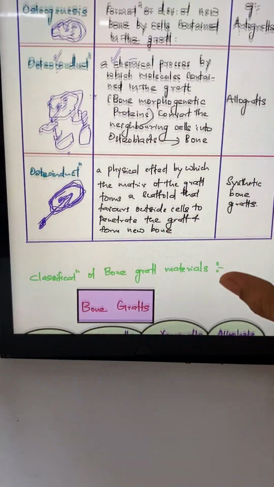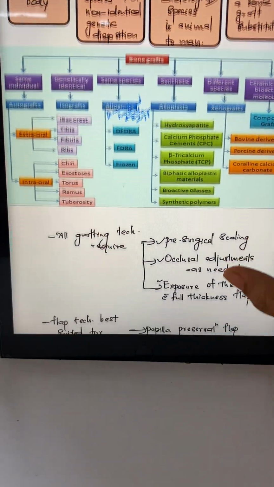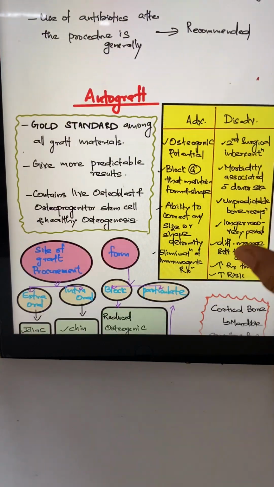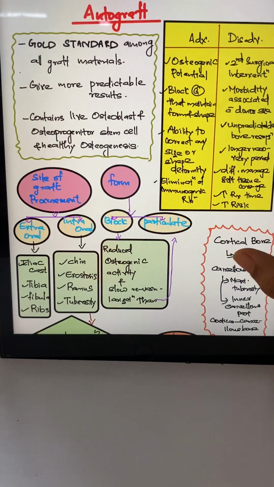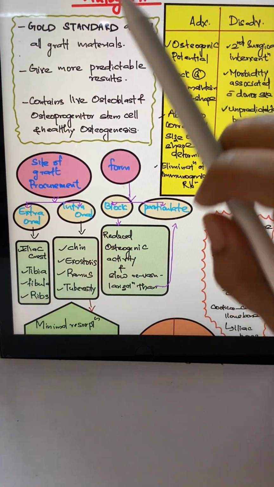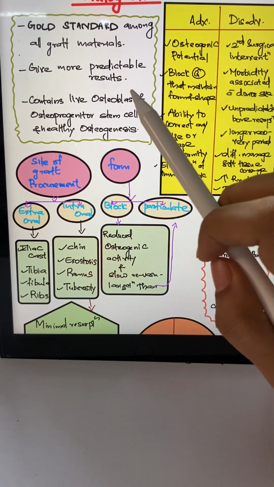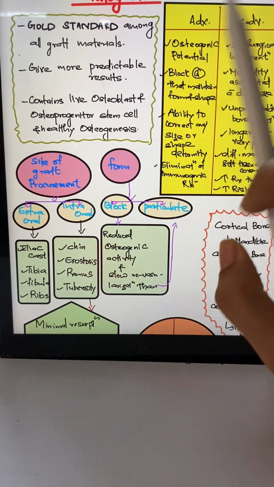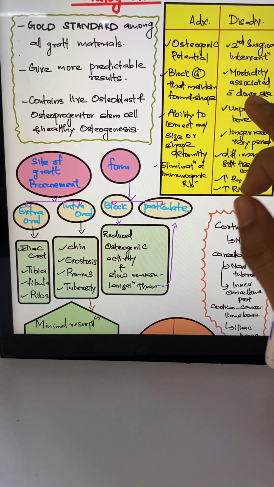So these are the three terms you need to understand. And autografts, as I told you, are the gold standard among all the graft materials, because they give predictable results, because they contain live osteoblasts and other cells.